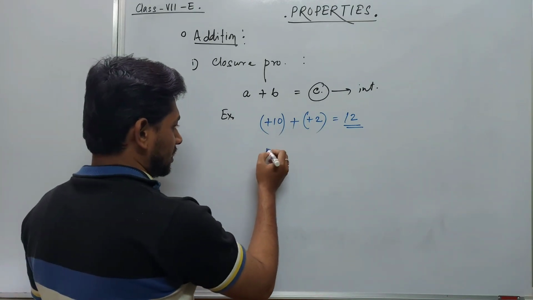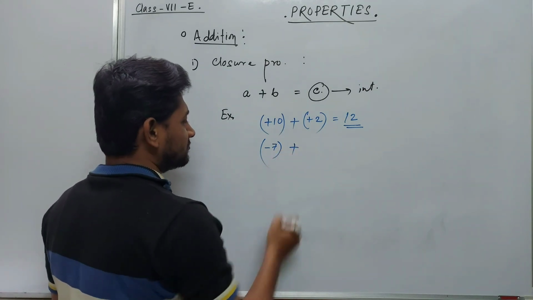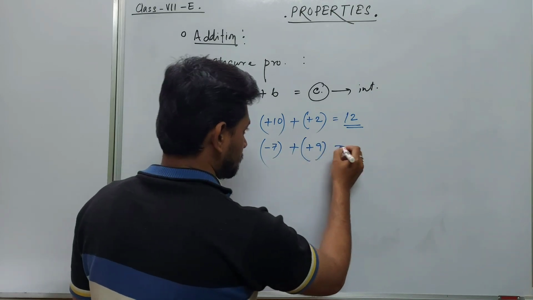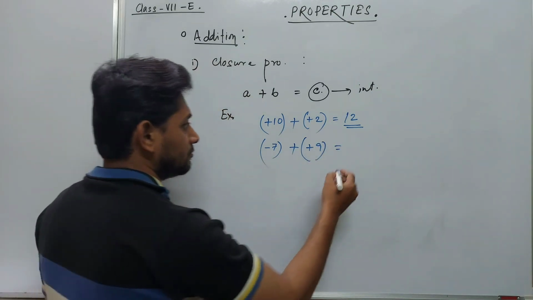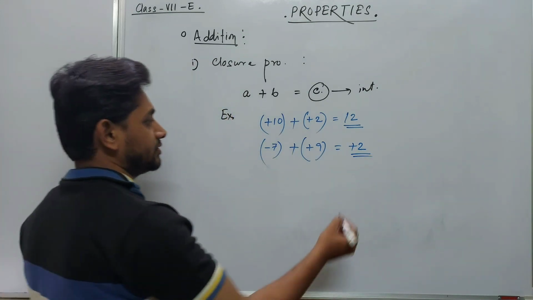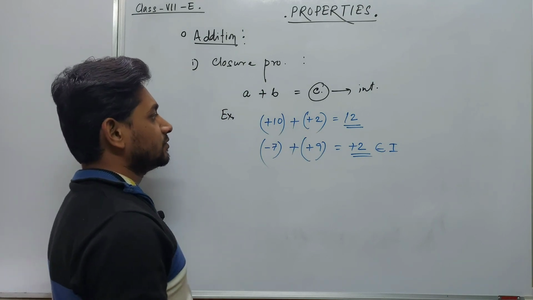Another example, you can take minus 7 plus 9. The result will be plus 2, and this also belongs to the integers. Clear?